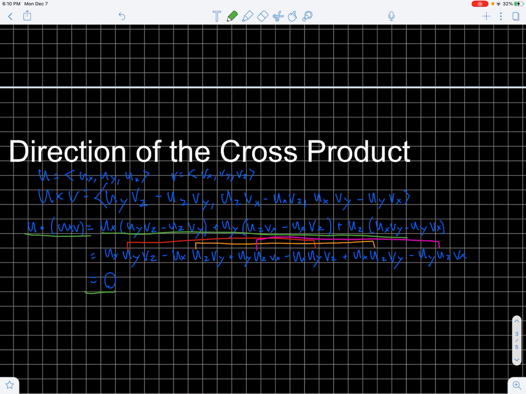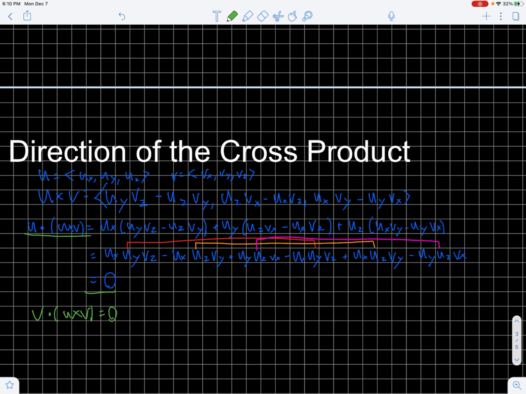Take the dot product, multiply the components out, find like terms, and they all cancel each other out. The proof is in your book. You guys can verify if you want, and the exact same thing happens with v. So u dot u cross v and v dot u cross v, those are both 0.